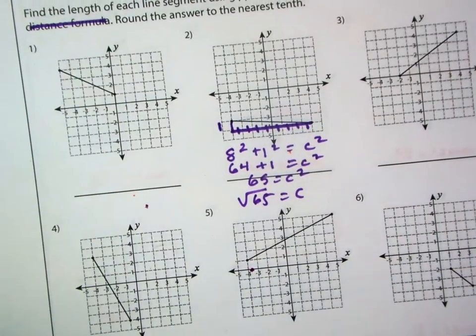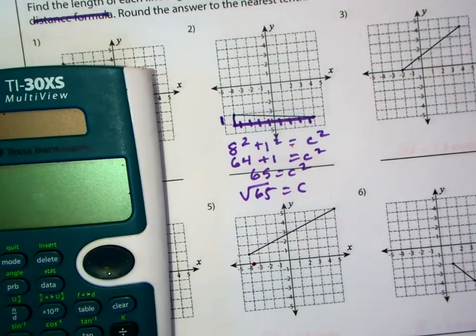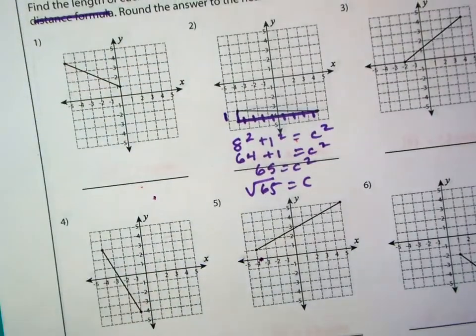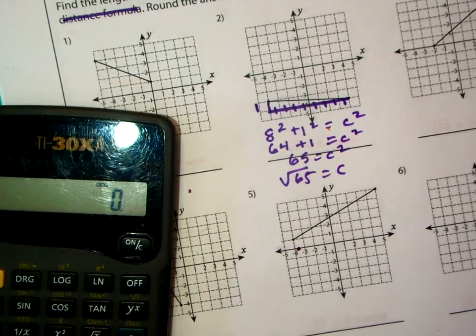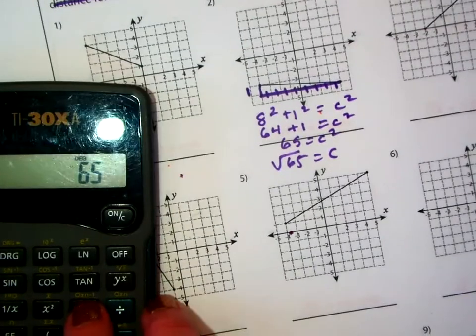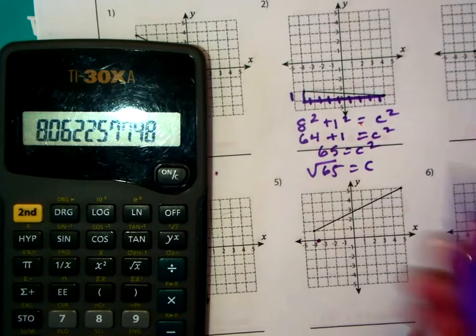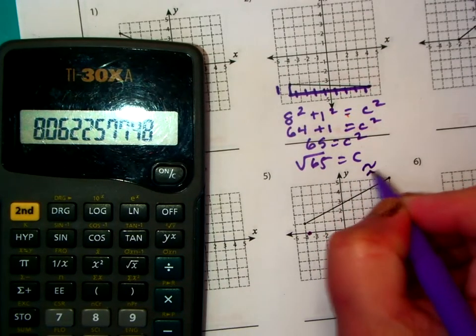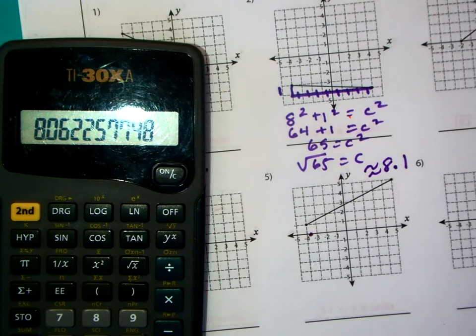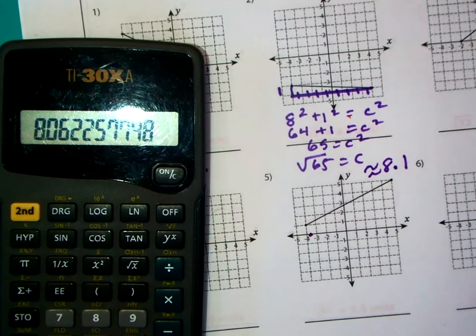I would normally be fine if you left it that way, but if you did want to take the square root, in my calculator's case it says 8.06. So to the nearest tenth, that's around 8.1. So that's how you would do that.